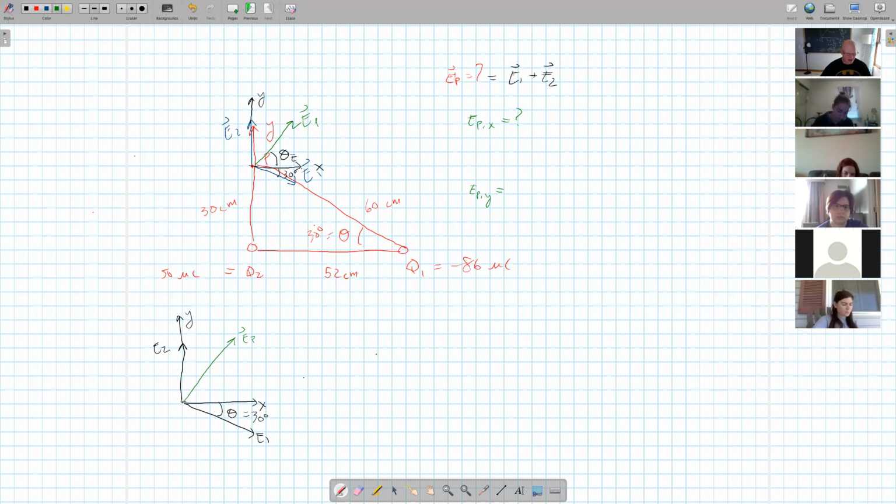Good. Now from our diagram, we can see then that the only field which points in the x direction is that from E1. So this is going to be the x component of E1. And then the x component of E1, is that going to be a sine or a cosine? According to that angle. What do you think?